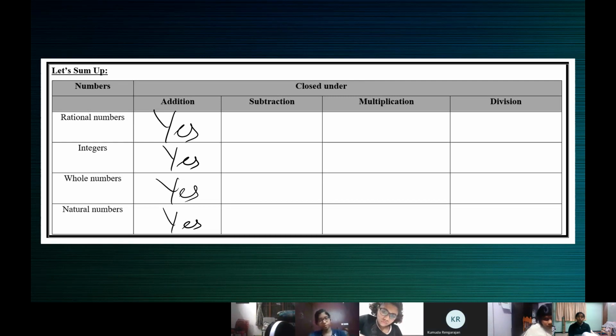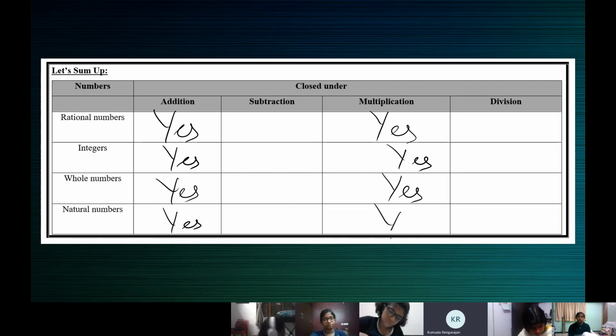It's always yes for multiplication. So what do we observe? In all the 3 tables, where we sum up the results, whether it's the closure property, associative or commutative property, addition and multiplication is always yes.